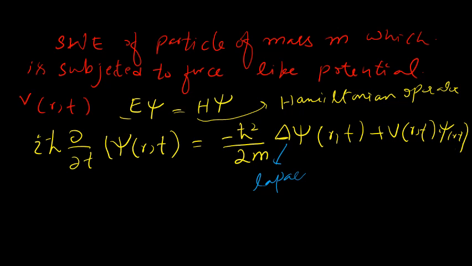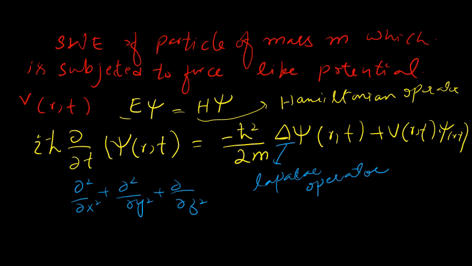It has different values in different coordinates, like spherical polar, cylindrical or Cartesian coordinates. In Cartesian, its value is ∂²/∂x² plus ∂²/∂y² plus ∂²/∂z².